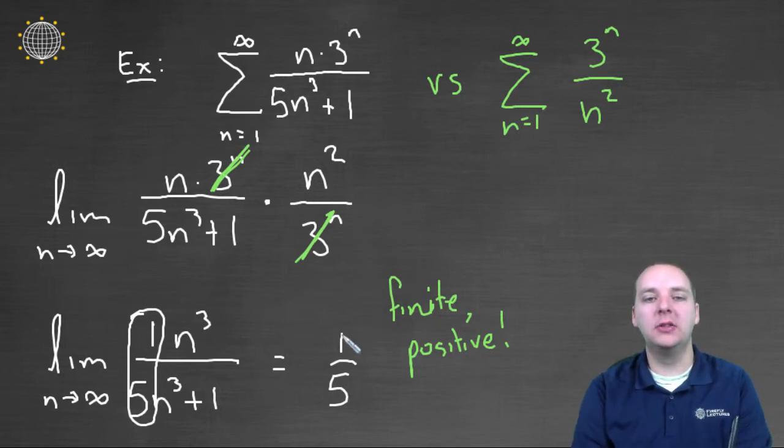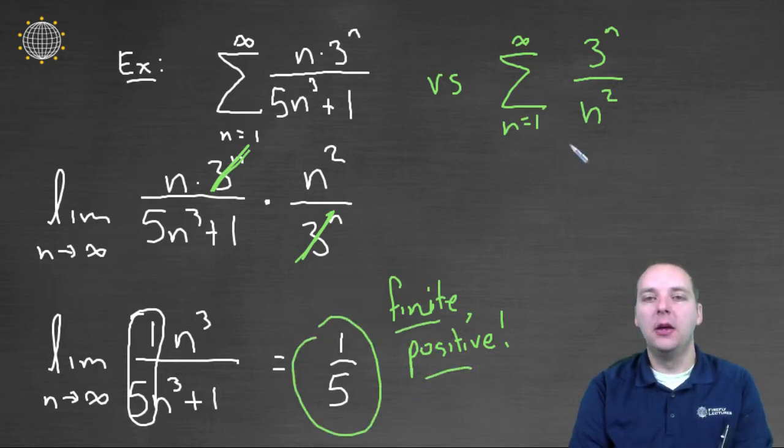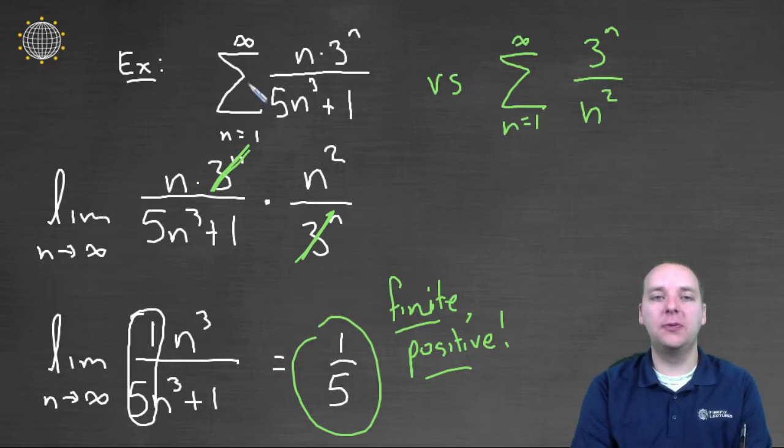This is what this means when this number is finite and positive. So really that means now all we have to do is focus our attention on the simpler series, and then whatever he turns out to be, that will also be the case for the original uglier series.